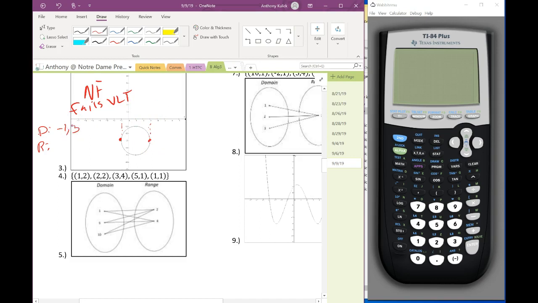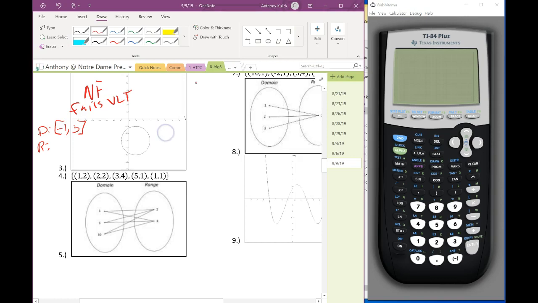Everybody okay with that? Should these have brackets or parentheses? Good. Brackets for each of them. The reason is because there is actually a point on my graph that has the x-coordinate of -1 and the x-coordinate of positive 3. Those are actually points on my graph. Everybody can see that? Okay.